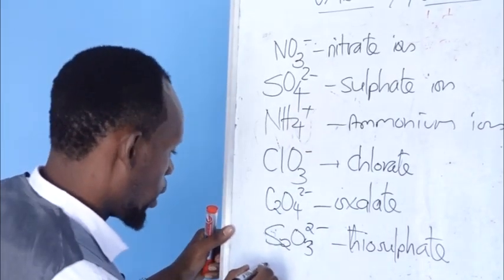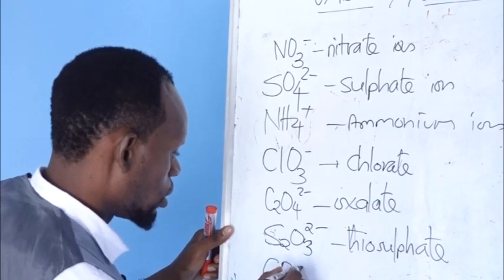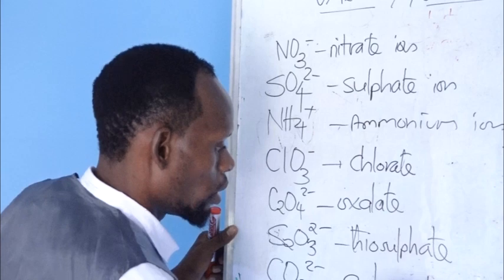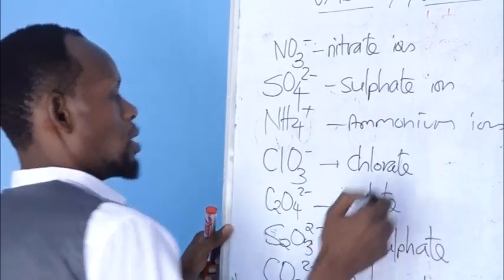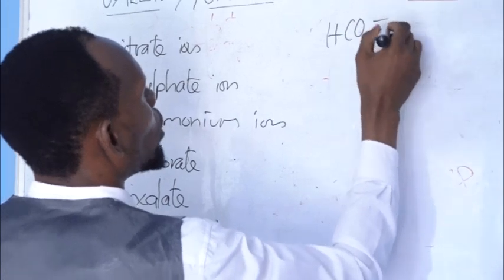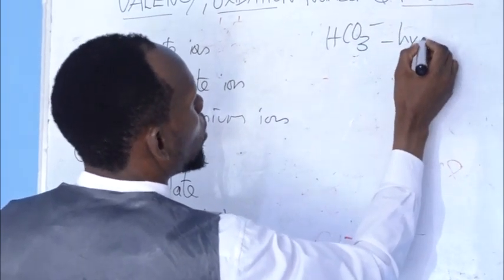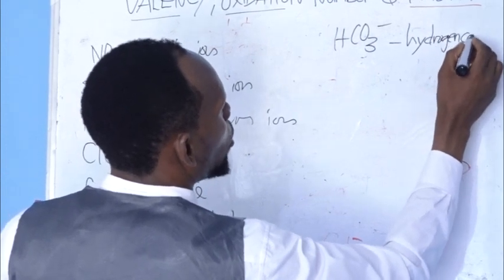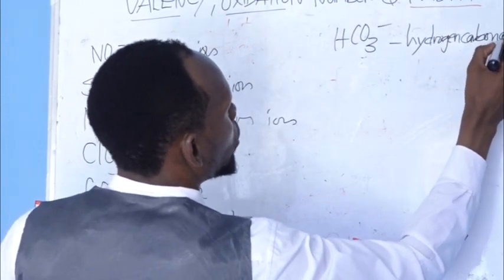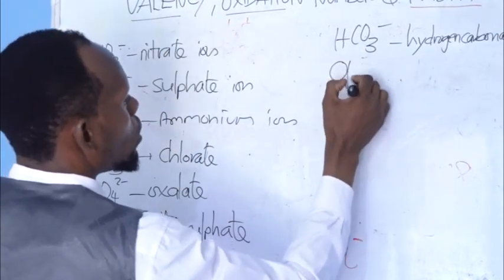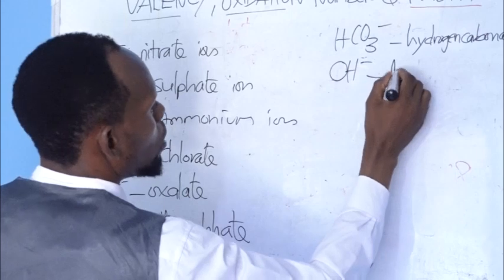You may have this one. This is called the carbonate. We may have this one, hydrogen carbonate, or bicarbonate. This is one word, hydrogen carbonate. Okay. You may have this one, hydroxide ion.